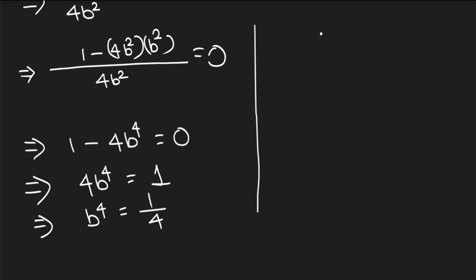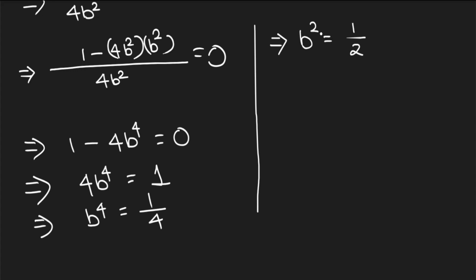Now let us solve the value of b here. Let us take the square root on both sides of the equation. Then the square root of b to the power 4 will become b square, and for the square root of 1 by 4, I am taking here only the positive value, because here we are seeing that it is a square.